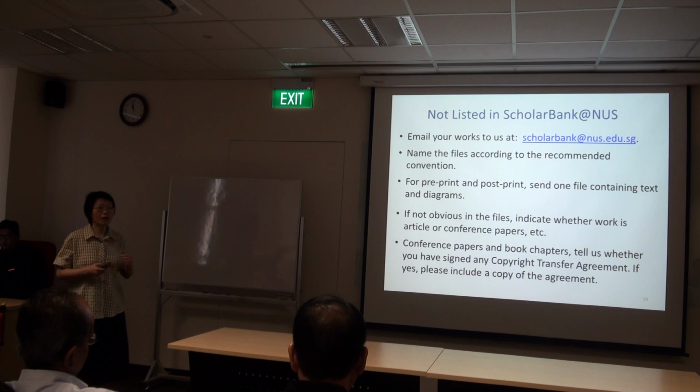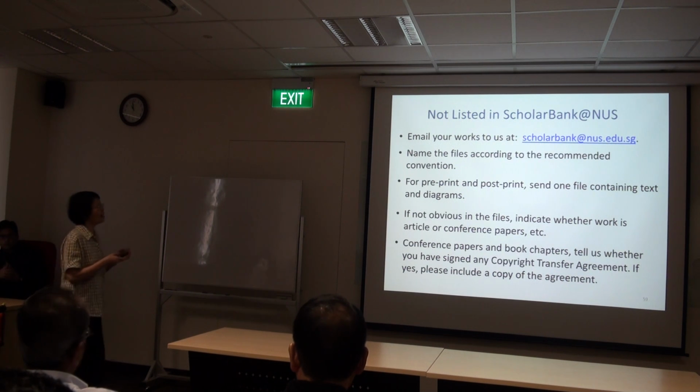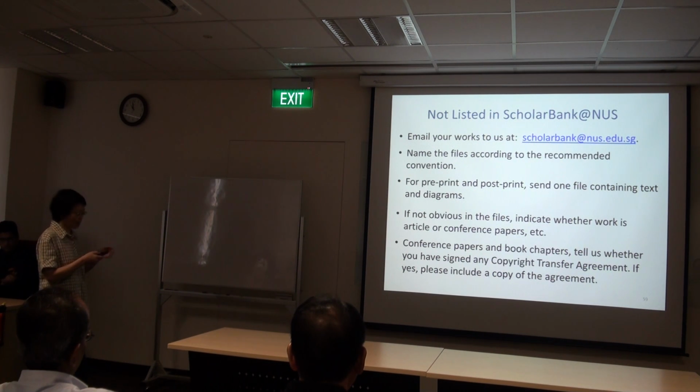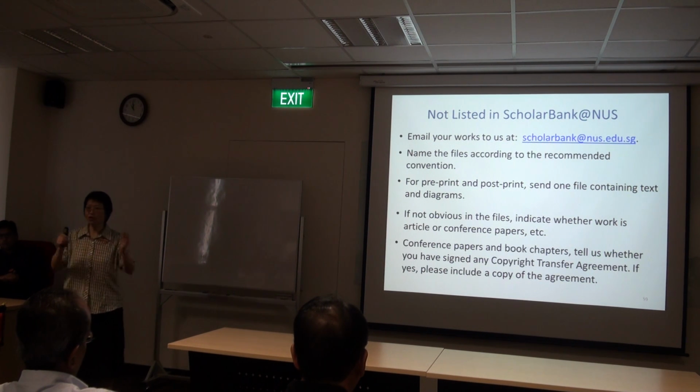To cut short the communication and the number of emails going to and fro, we request you to indicate whether it is a conference paper or article if it is not clear in the file, and to name the files according to the recommended file convention. For pre-print and post-print, please send all in one file.